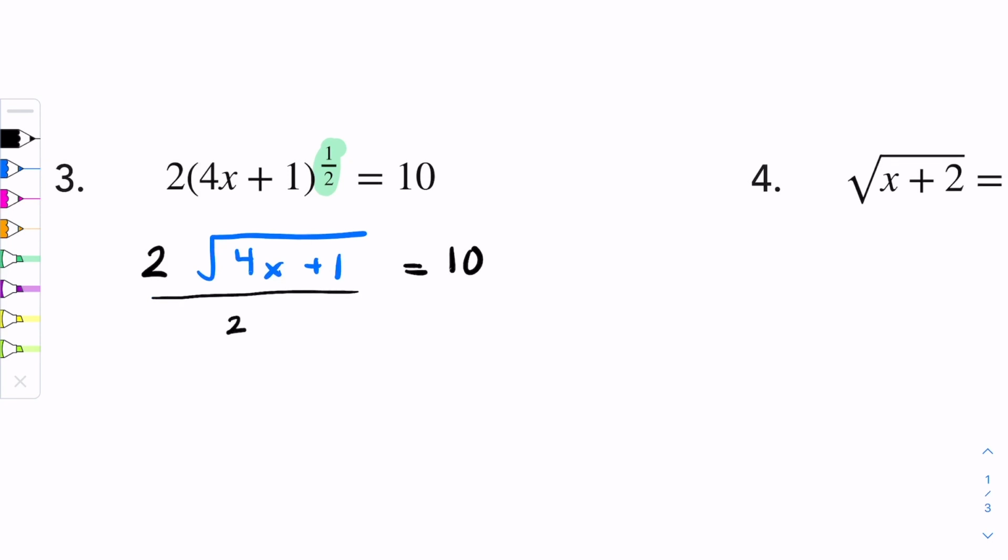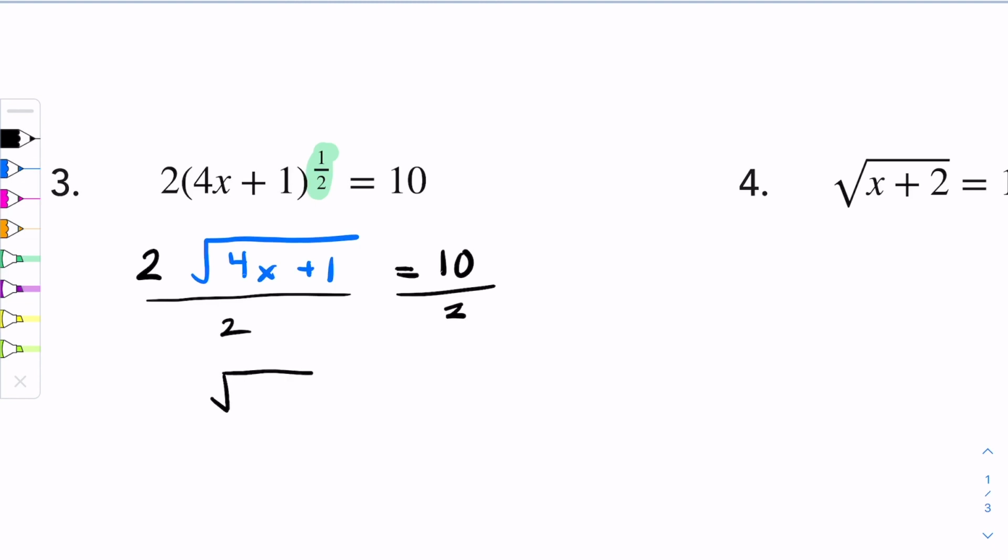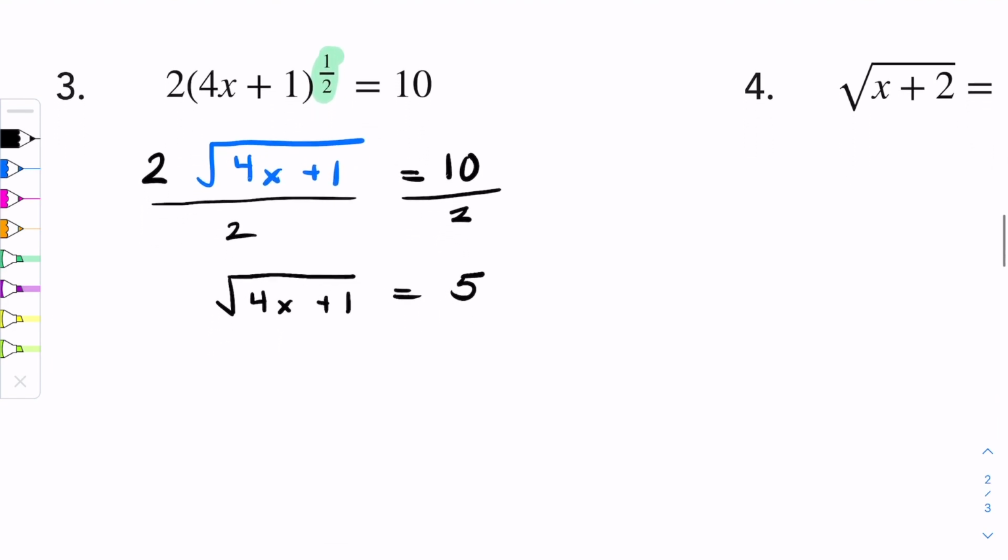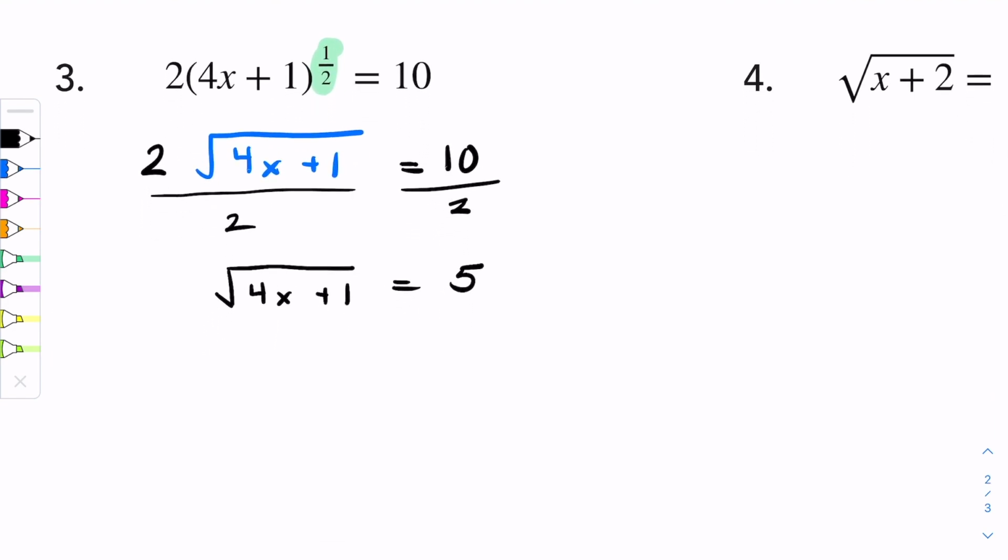Then I'm going to divide both sides by 2 to isolate the radical, leaving me with the square root of 4x plus 1 is equal to 5. And just follow along as I complete the rest of this one and number 4.